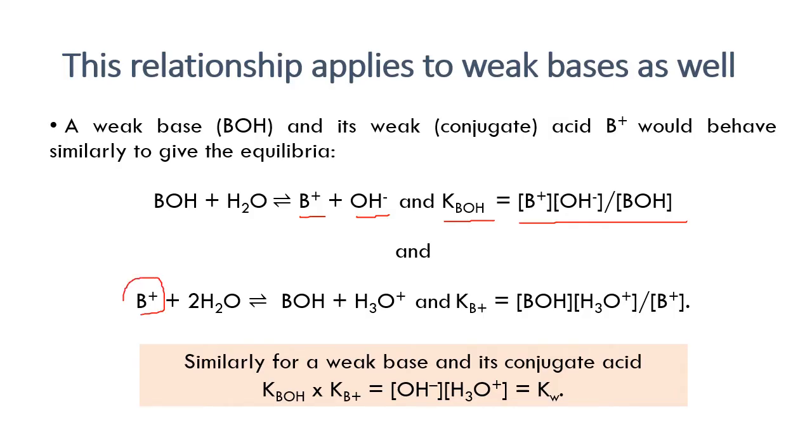For the conjugate acid of your weak base, its acid dissociation constant is going to look like this. When we multiply the base dissociation constant of your weak base by the acid dissociation constant of its conjugate acid, it should equal the concentration of hydroxide ions multiplied by the concentration of hydronium ions, and this should equal Kw.